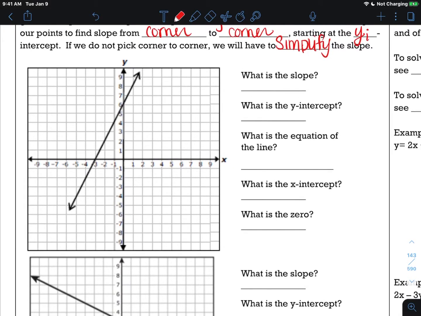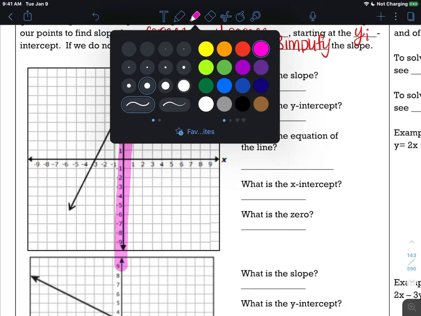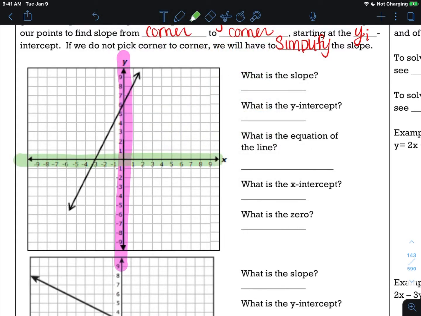Okay, so first, let's go ahead and look at this line. So I see a couple of very interesting features here. First thing, my range, as well as my domain. So if I look at this, I notice that it has an arrow on both ends.